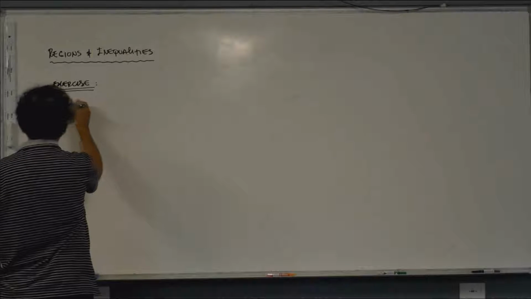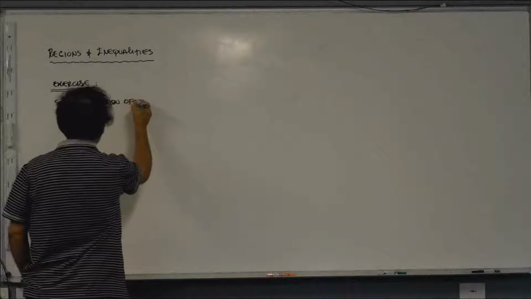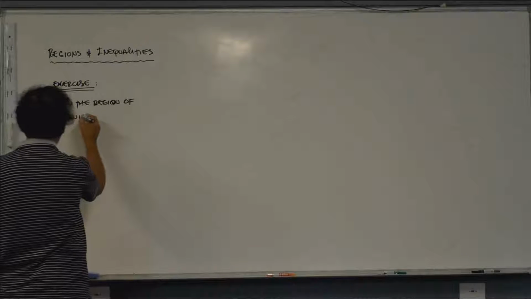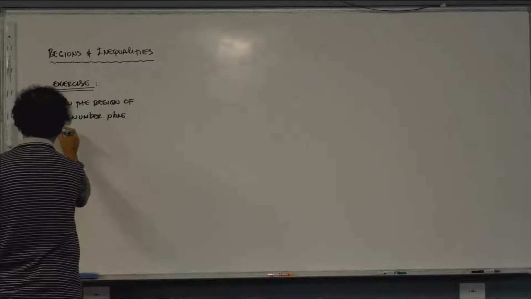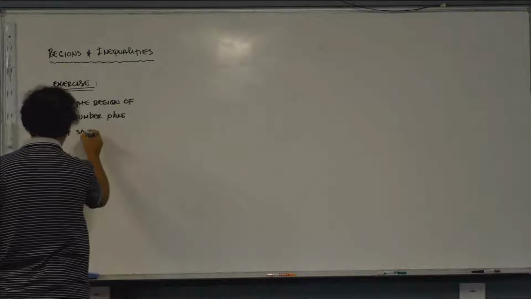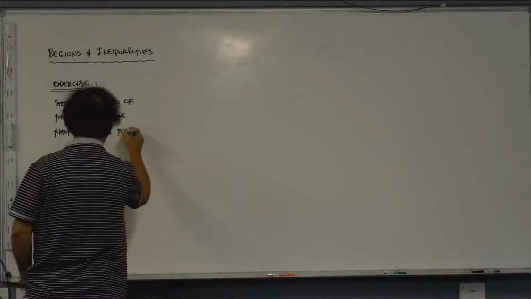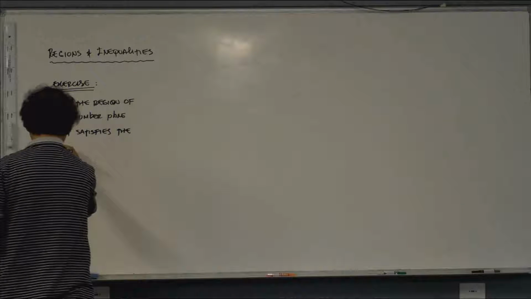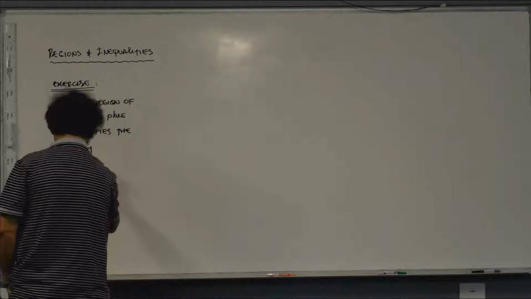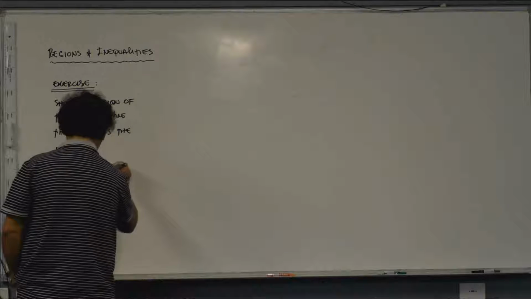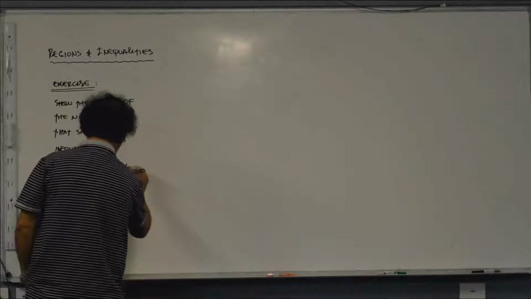Show the region of the number plane that satisfy the inequality 2x minus 3y minus 4 is less than and equal to 0.